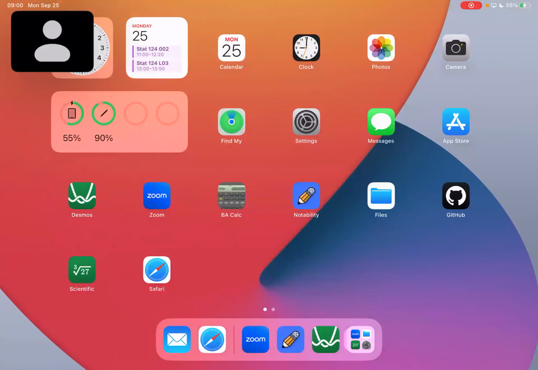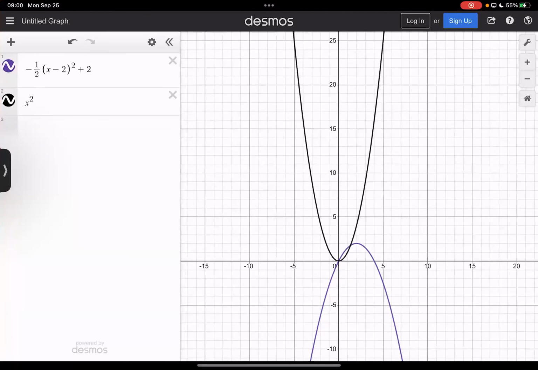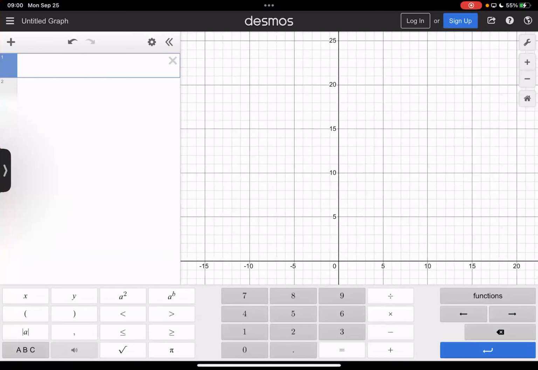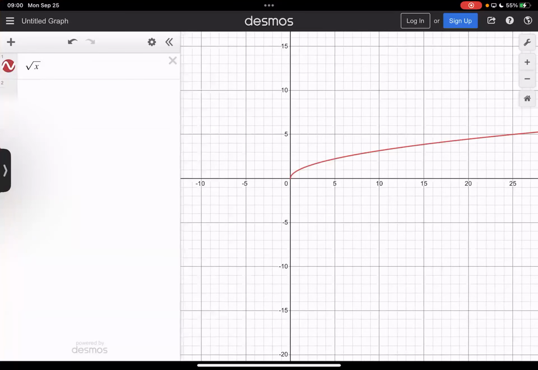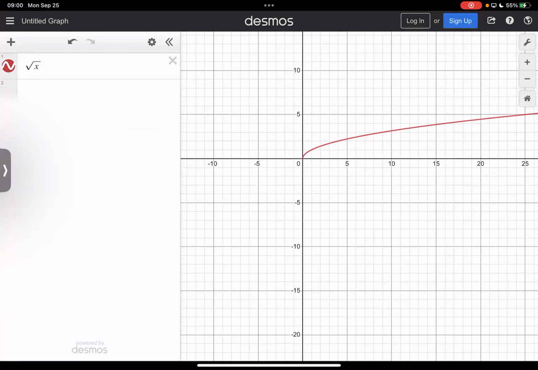We'll start there. Desmos. So let's start by mapping out the root of x. Okay. Looks like what we expected, right? The domain for the root of x is just x greater than or equal to 0, right?